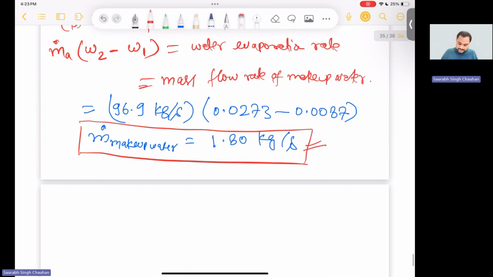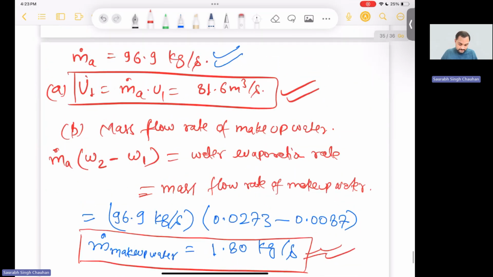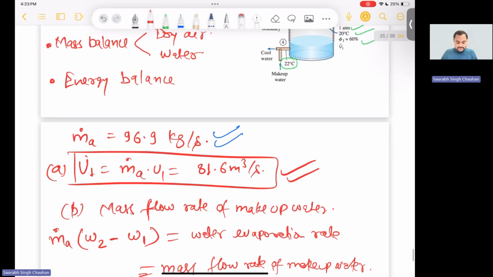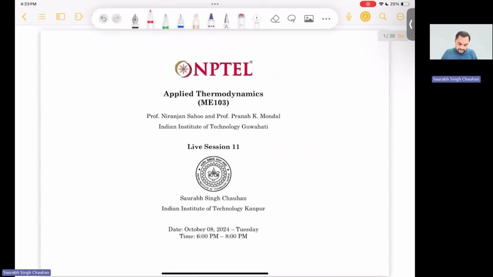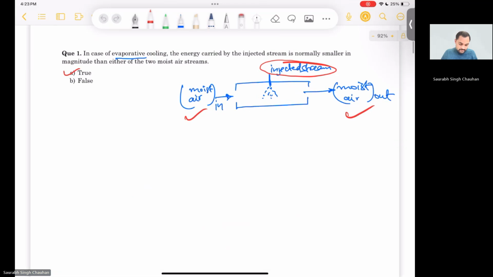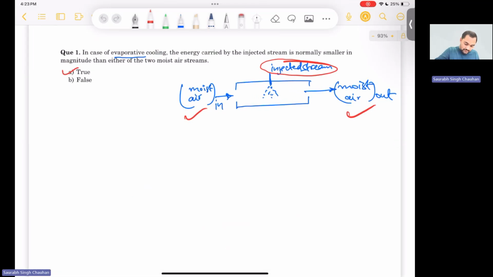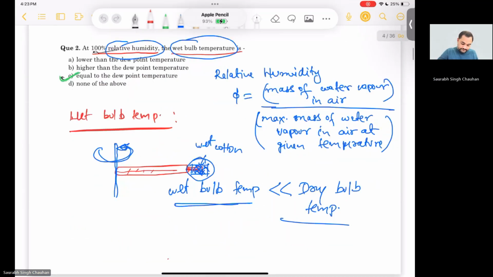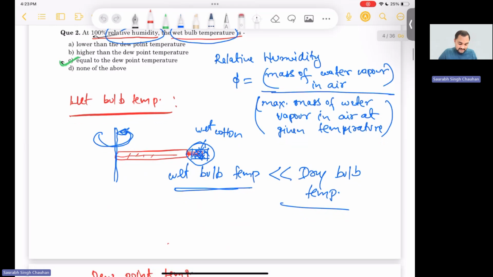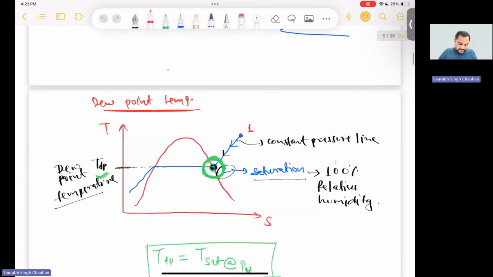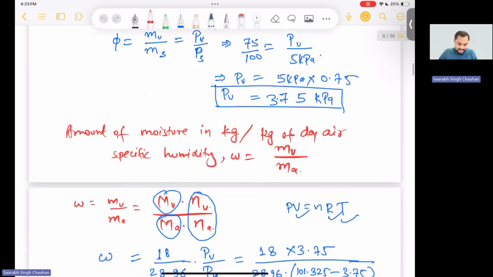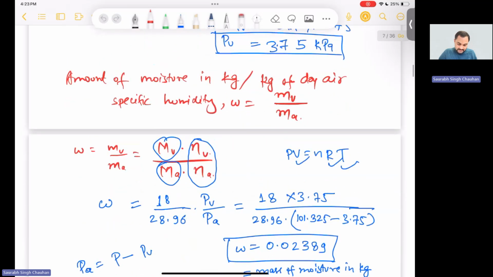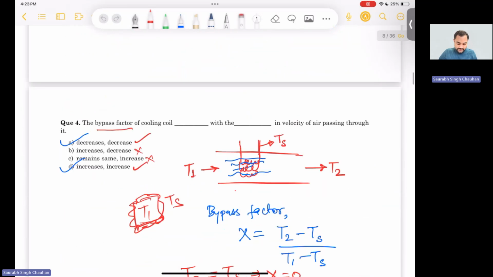And as I explained how to solve this question, you can try to solve by your own and see if your answer matches. So this is all for today. We discussed the evaporative cooling, the wet bulb temperature, dry bulb temperature, relative humidity, specific humidity, dew point. We discussed the relation between partial pressures and relative humidity.